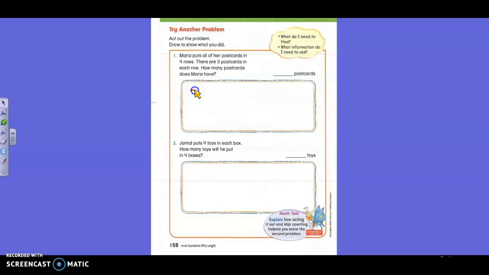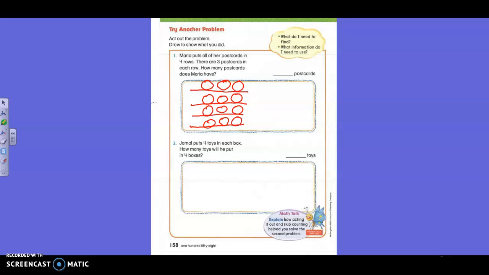4 rows: 1, 2, 3, 4. Then what are we going to do, Nicholas? Put 3 on each row. 3 counters on each row for the postcards. What are we counting by again, boys and girls? 3s.